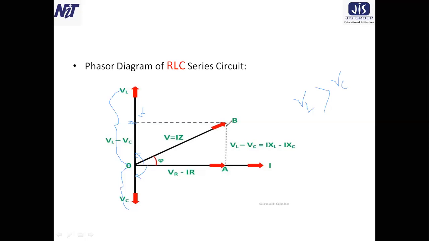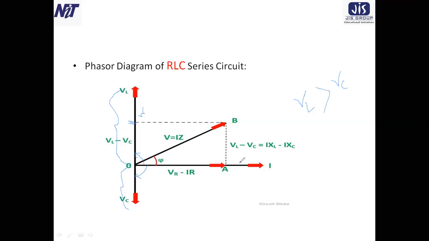So in this way, we can draw the phasor diagram of a series RLC circuit where AB is the vector VL minus VC, that is IXL minus IXC, and OA is the voltage across the resistors. So OA is VR phasor and AB is VL minus VC phasor.